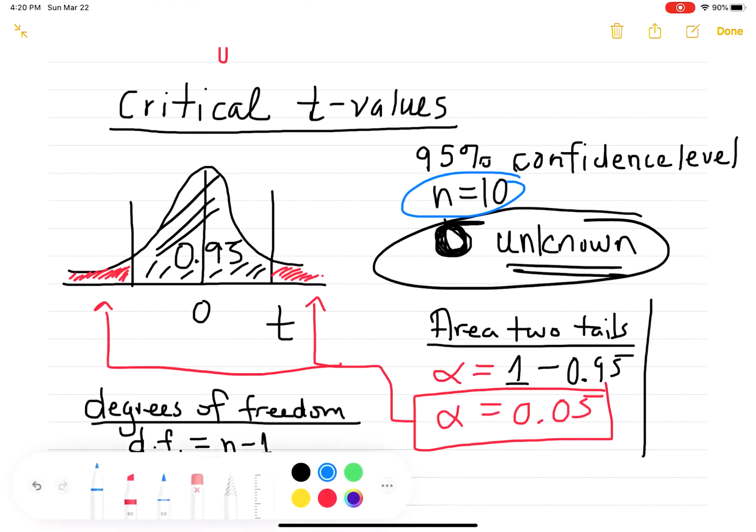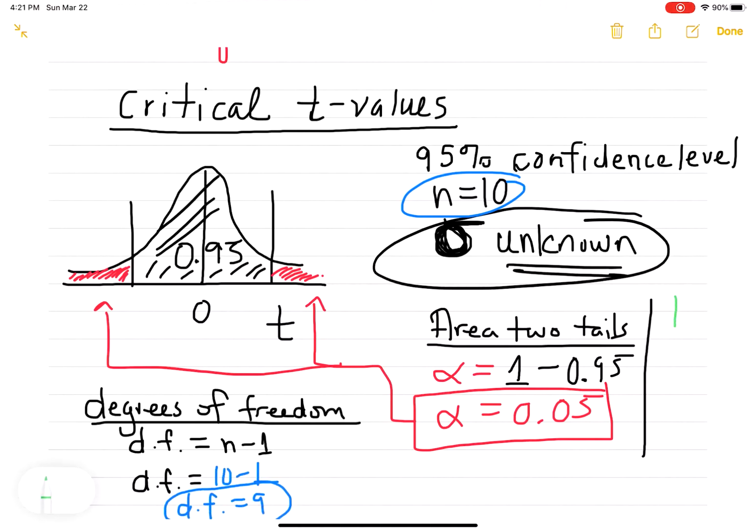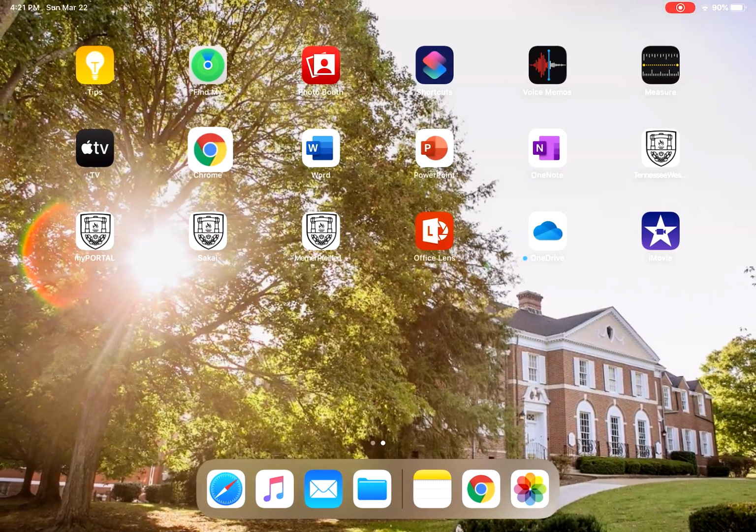So that's going to give us a critical number. Our critical number is going to be called t alpha over 2. So what I like to do is go into my t table real quick.